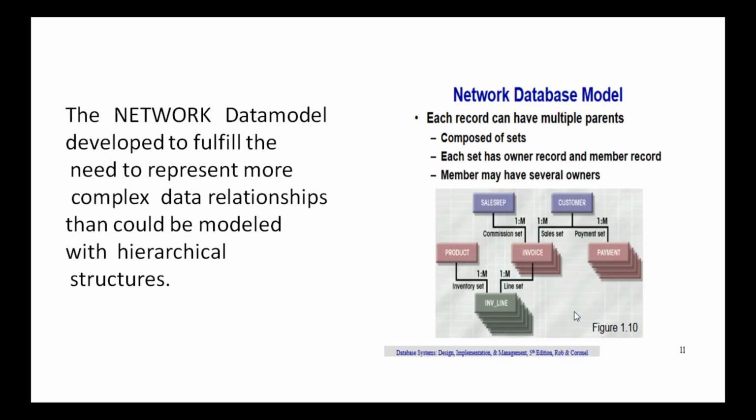Now observe this diagram. Here, how many entities are there? 6 entities: sales representative, customer, product, invoice, payment and invoice line. So what is an invoice? Invoices are nothing but bills. And what is an invoice line? What is the difference between those two?